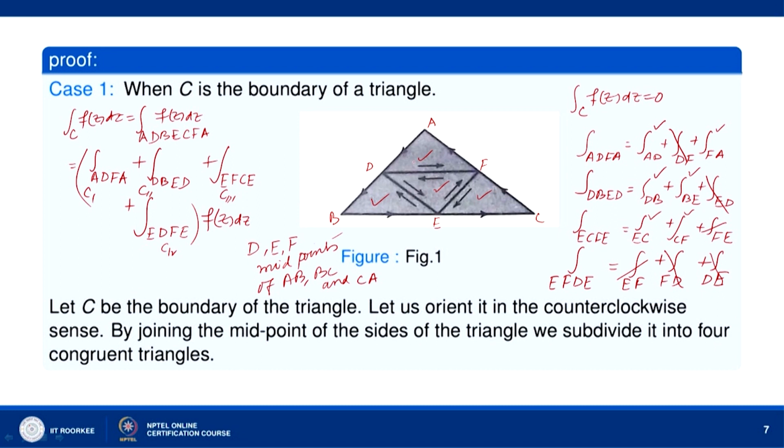C 1 is A D F A. C 2 is D B E D. C 3 is E C F E. And C 4 is E F D E.